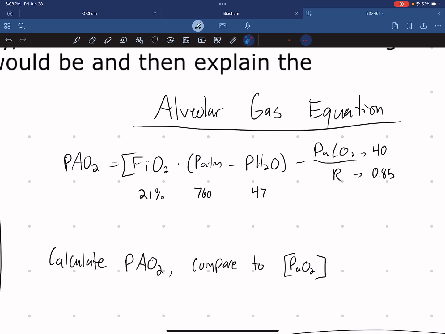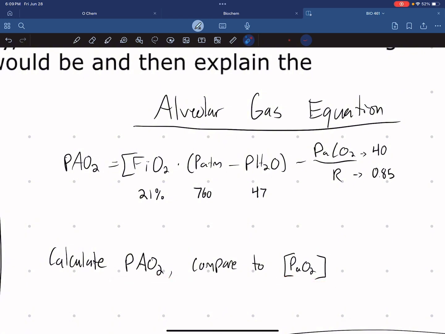So we use this equation because when we calculate our alveolar pressure of oxygen, we know how well our alveolus is working compared to the concentration of the oxygen in our blood. When we compare those two, that will help us to know if there's any deficiencies within the gas exchange. If gas exchange is not working properly, then this number and this number will be different.